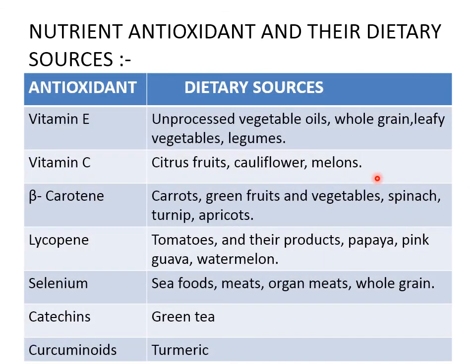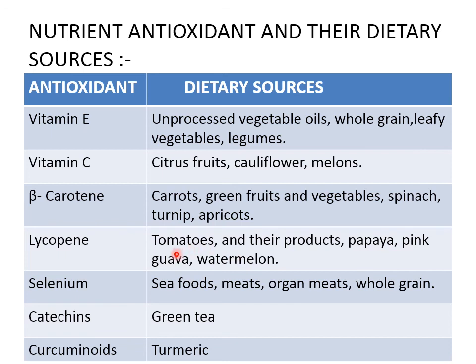Now we see many sources of nutrient antioxidants, like vitamin E. It is present in unprocessed vegetable oils, whole grain, leafy vegetables, legumes, etc. Vitamin C is present in citrus fruit, cauliflower, melons. Beta carotene is present in carrots, green fruits, vegetables, spinach, turnips, apricots. Lycopene is present in tomatoes and other products.